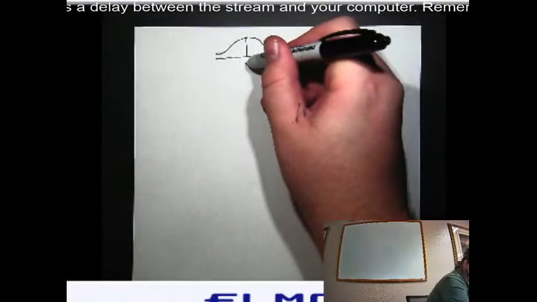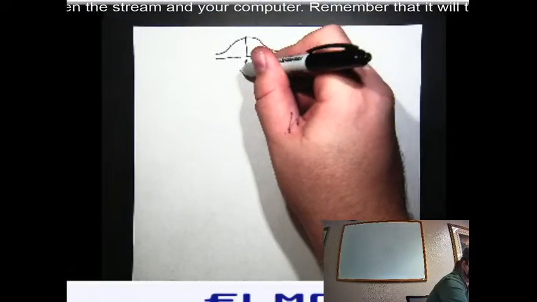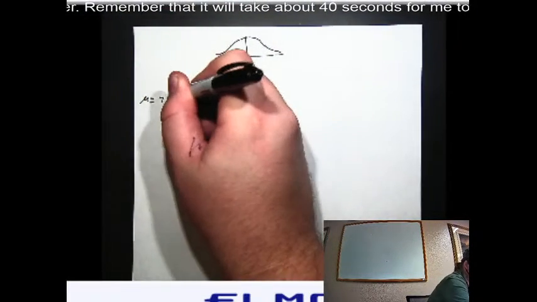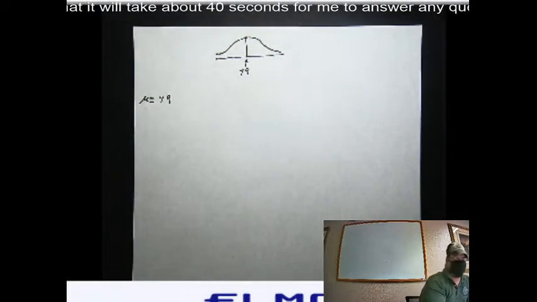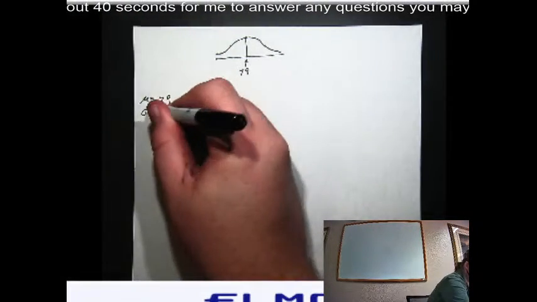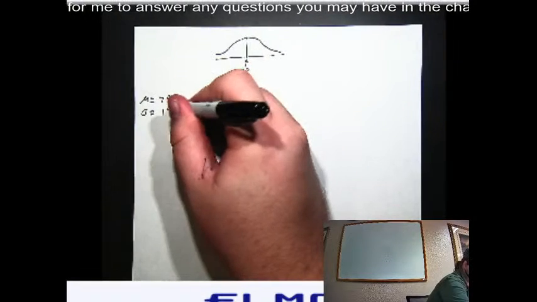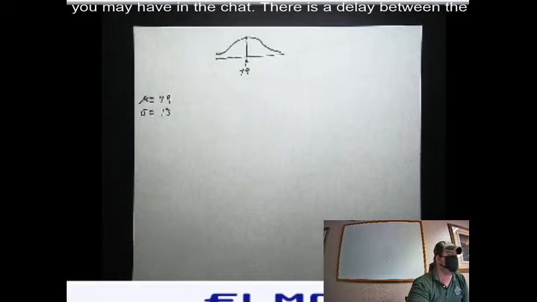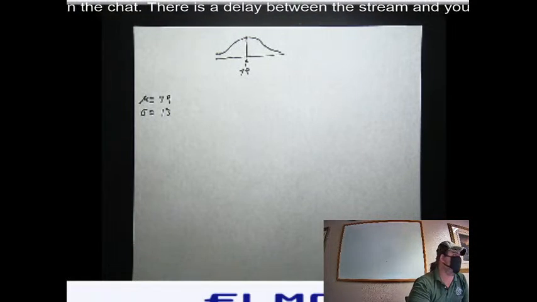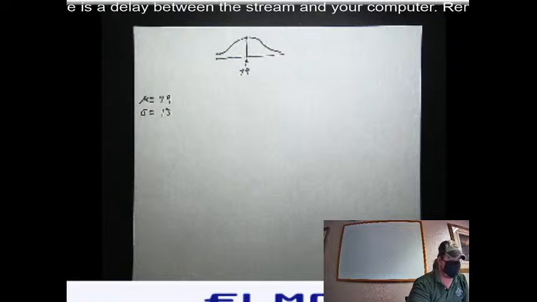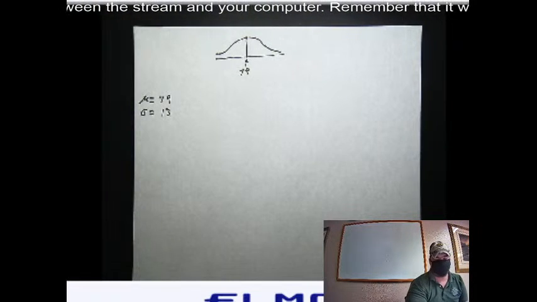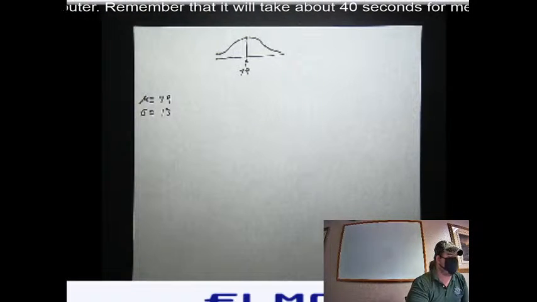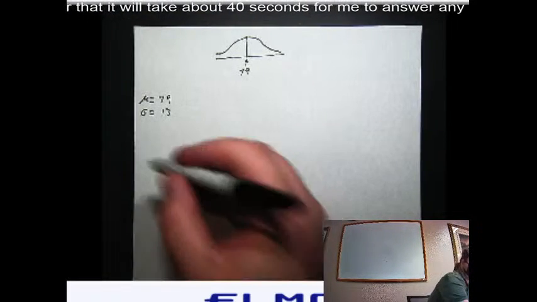And we're going to say that the mean is 79, with a standard deviation of 13. Okay? So what we want to find now is the percent of data that falls below or equal to 54.